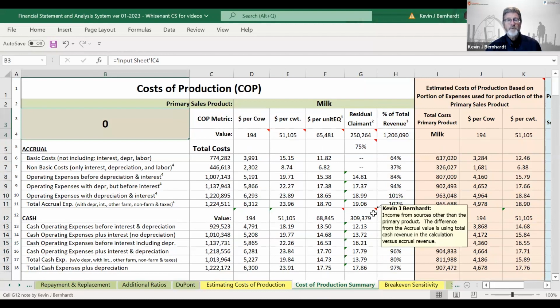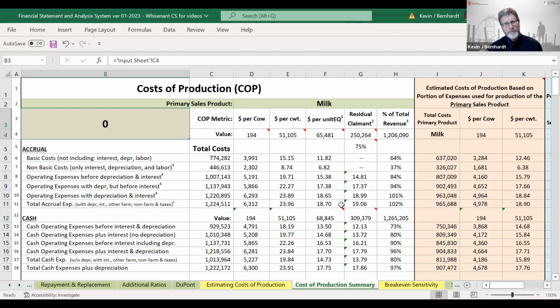Of course, the best way to get even more accurate cost of production is if you have an accounting system that separates out those costs to start with, so you don't have to guesstimate what those percentages are. But either way, there's lots of information here on how to get at least in the ballpark as to what your cost of production might be.